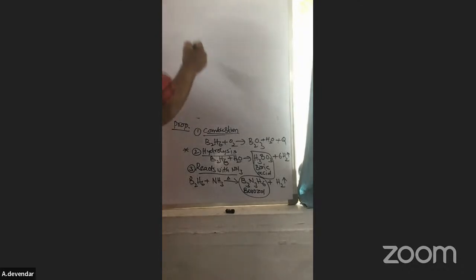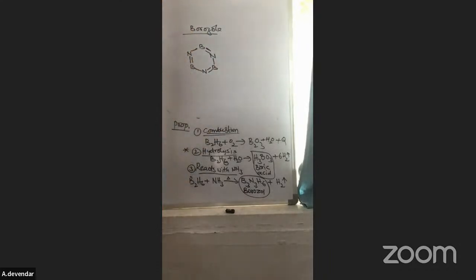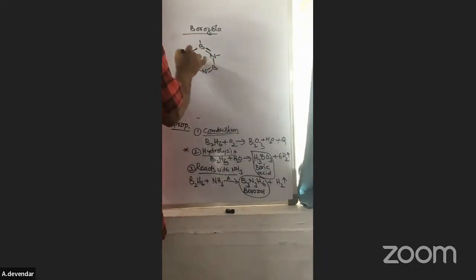Here there are alternating single bond, double bond, single bond, double bond, single bond, double bond. You have a hexagonal ring structure similar to benzene. Similarly here also you have a hexagonal ring structure.